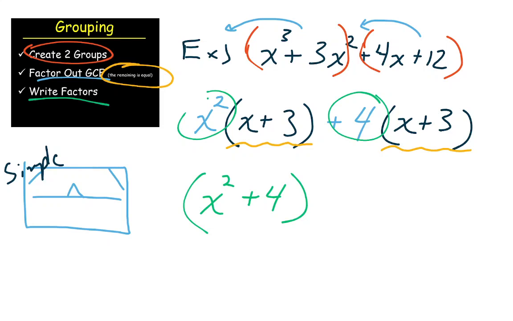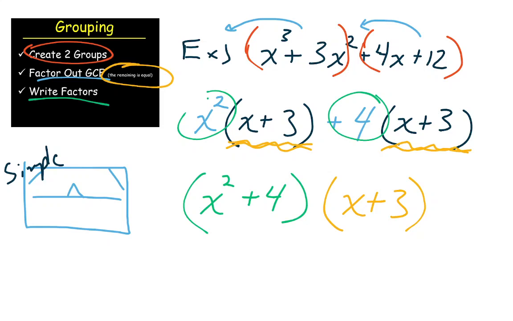Notice that I took x squared and the plus 4 and put them together. The other factor is what was remaining, the x plus 3. But I only have to write it one time, so that I end up with what I started with.